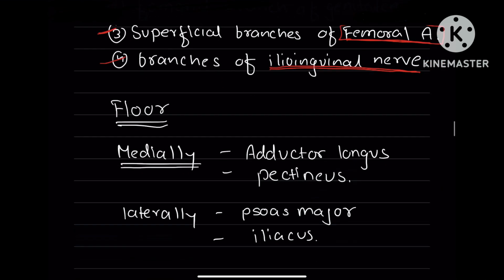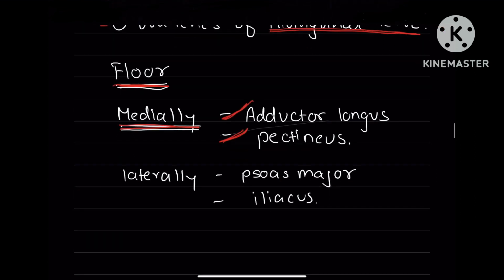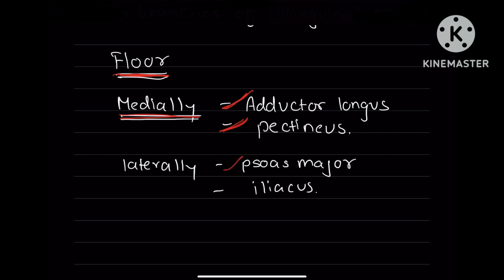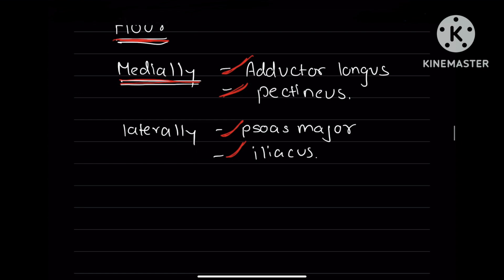Now the floor of the femoral triangle is formed medially by the adductor magnus muscle and pectineus muscle, and laterally by the psoas major and the iliacus muscle. This is the anterior superior iliac spine, this is the pubic tubercle, this is sartorius, this is adductor magnus.